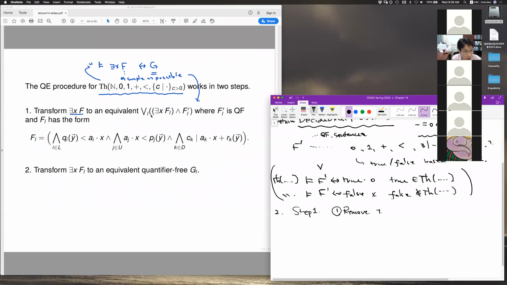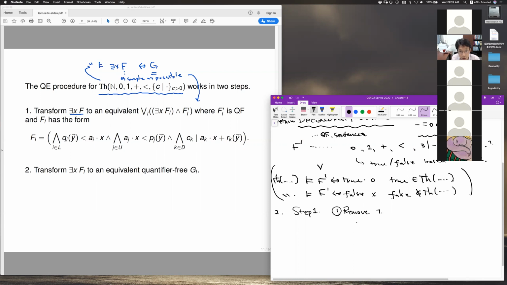We remove negation using De Morgan's law from the given formula exists x dot f. We push negation all the way to the base case, and for the base case, we can get rid of negation by using some facts about the less than relation. For divisibility, we can also get rid of negation. We have to do some work, but the idea is really simple.